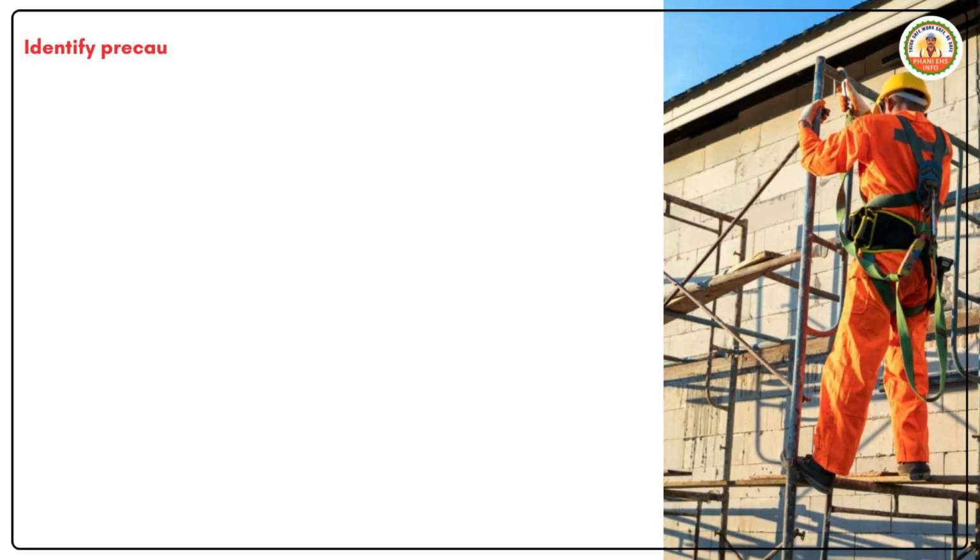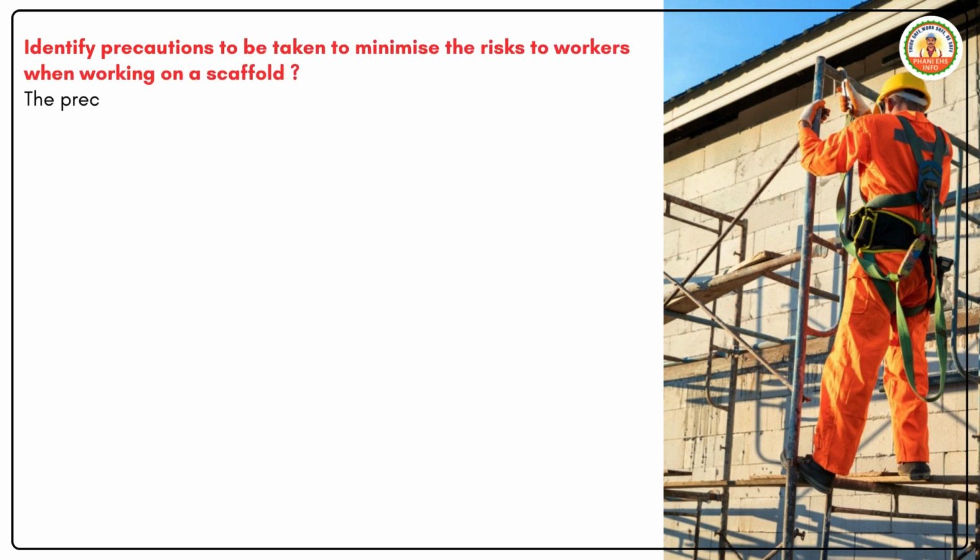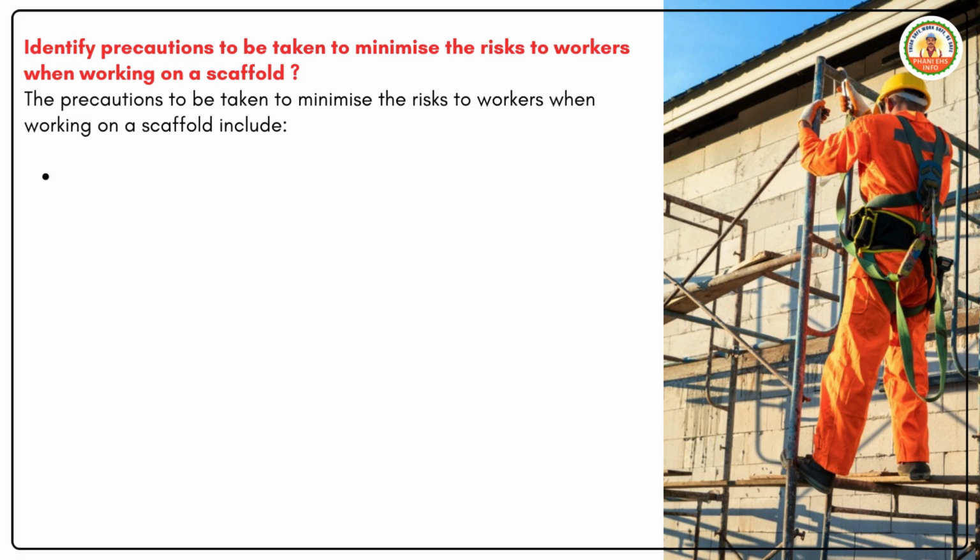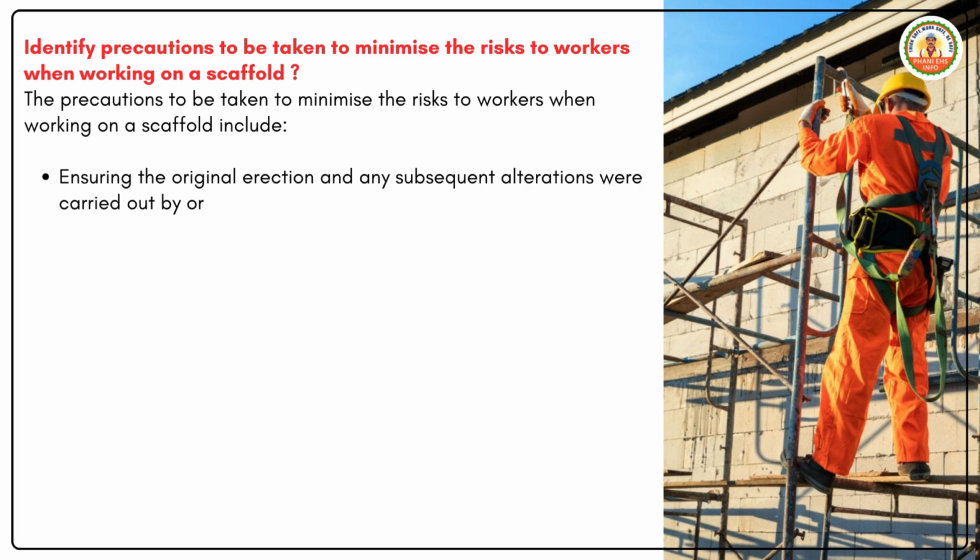Identify precautions to be taken to minimize the risks to workers when working on a scaffold. The precautions to be taken to minimize the risks to workers when working on a scaffold include ensuring the original erection and any subsequent alterations were carried out by or under the supervision of competent persons.